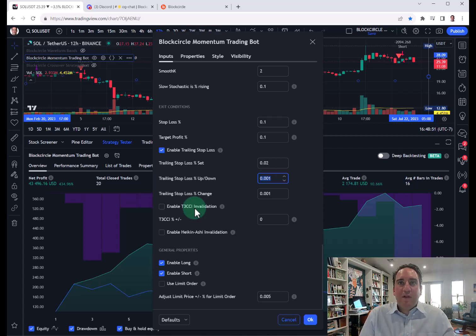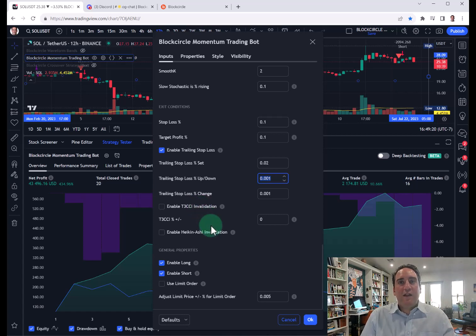If you enable this, what this is showing you is that if it's been determined that the momentum has now flipped down while you have an open long, and it's been decisively closed on a particular candle, which is 12 hours in this case for Solana USDT, then it would close the trade, right? Because at that point, potentially the momentum has flipped to the downside and the trade has been invalidated. So that's one form of invalidation.